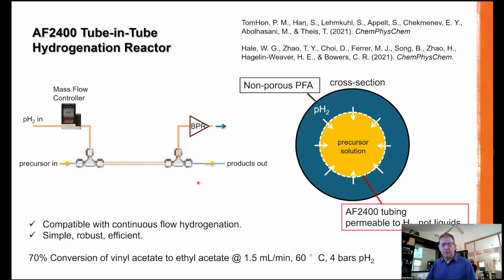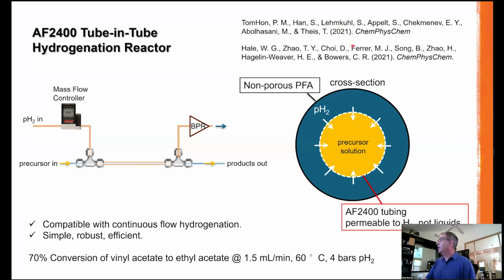It probably can be adapted to a continuous flow process, but perhaps a more efficient method is the use of the AF2400 tube-in-tube hydrogenation reactor, which was introduced by some of the organizers of this meeting, Thomas Theis and Eduard.